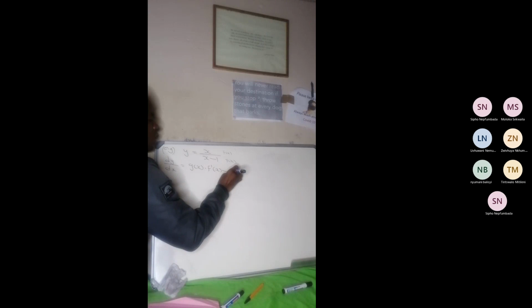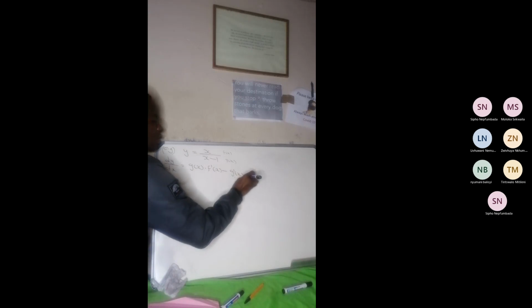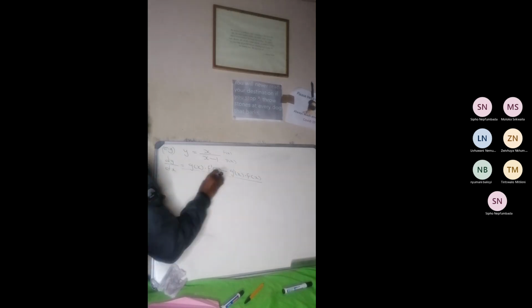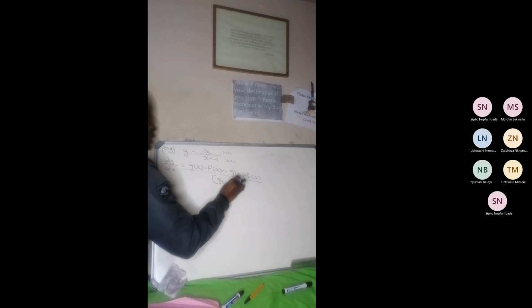We are going to copy the denominator, we derivate the numerator. We subtract. We now derivate the denominator and multiply by the numerator. We all divide by the denominator to the power 2.